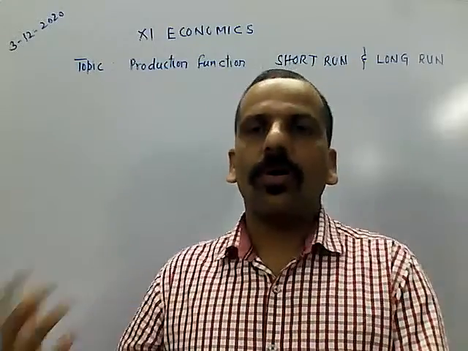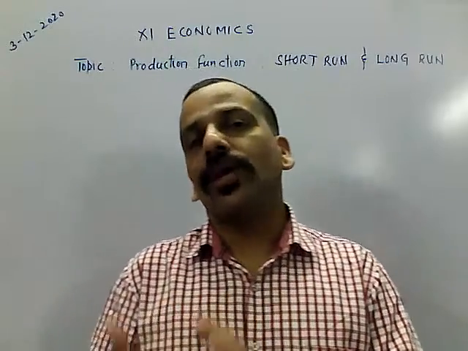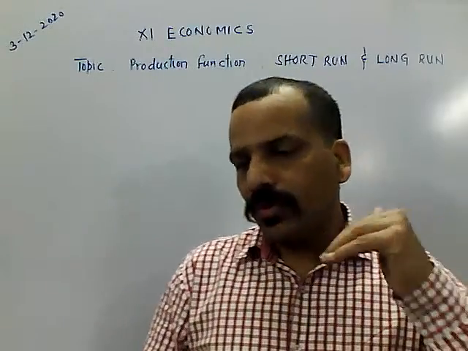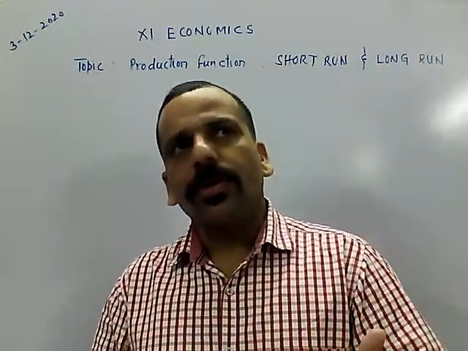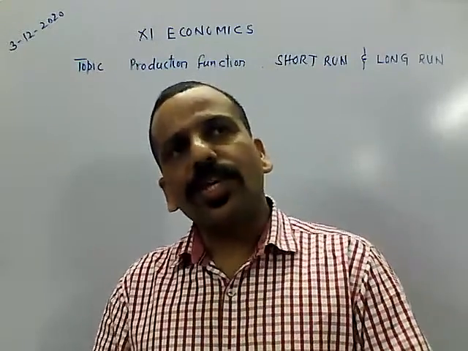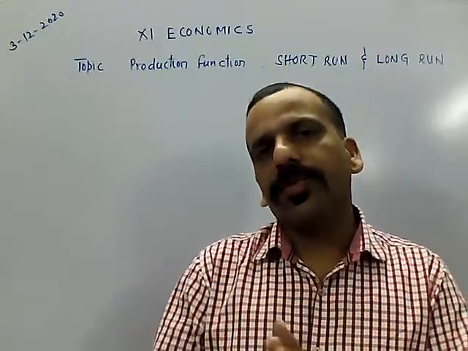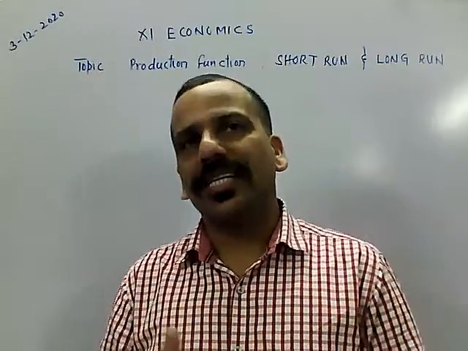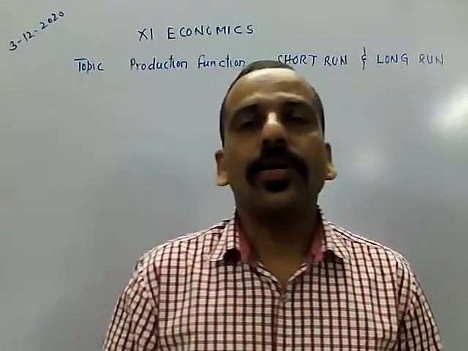When we talk about the long run, the situation is different, because over a period of time things keep on changing. In the short run, some limitations and constraints are there, beyond which a producer cannot go.